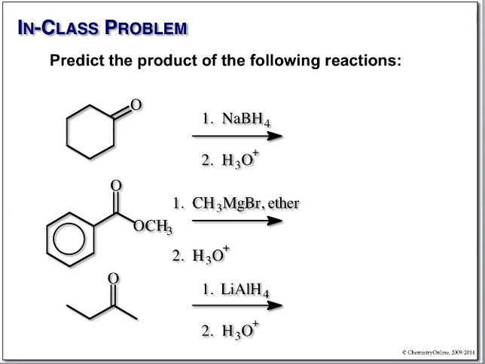Our first reaction, we have cyclohexanone, we have sodium borohydride. We know that that is simply reduction. We're going to add hydride to the carbonyl carbon and make it into a secondary alcohol.